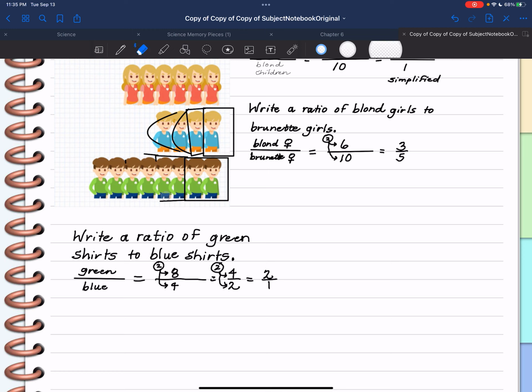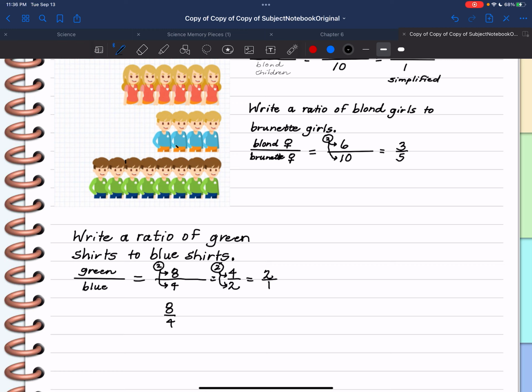Could we have done this? At this 8 to 4, we could have broken this up to 2 over 1 immediately.